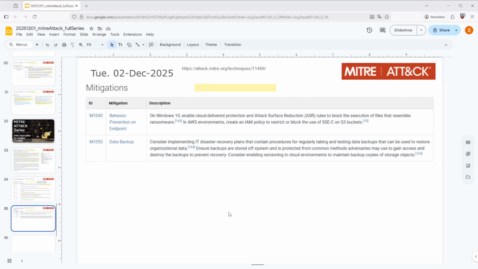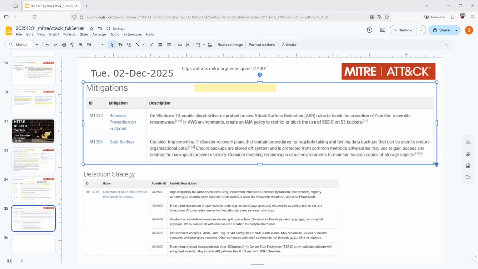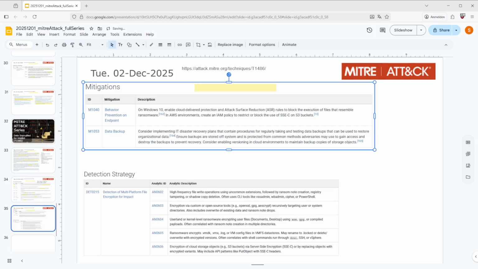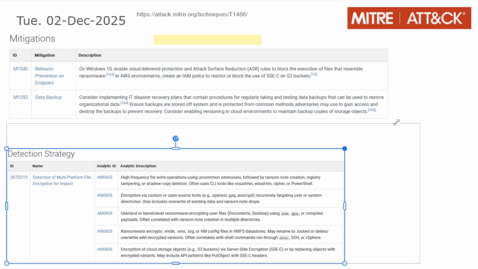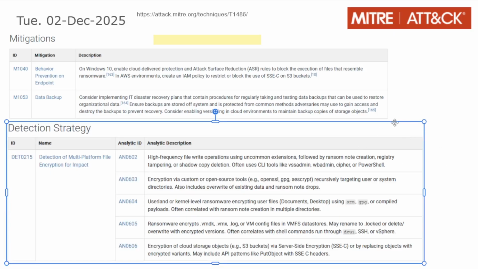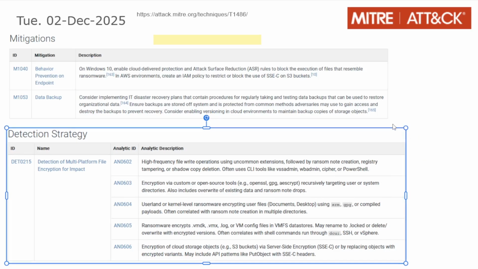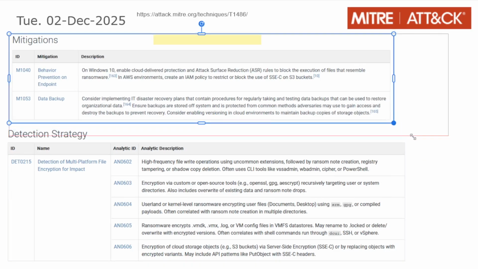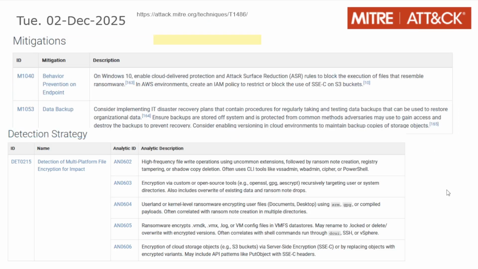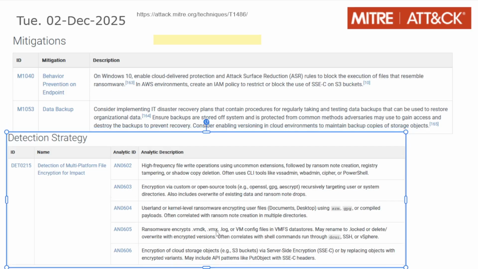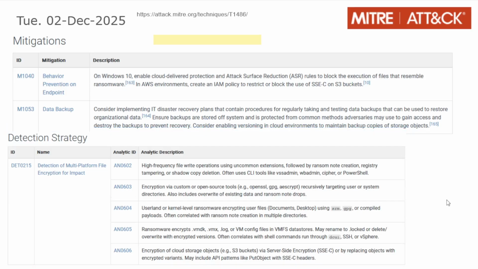Let's make this a little bit smaller. Let's not forget to change into reading mode, and then we have both, right? Detection strategy and this. And we make this a little bit bigger, like this. That's okay, right? Let's go through this.